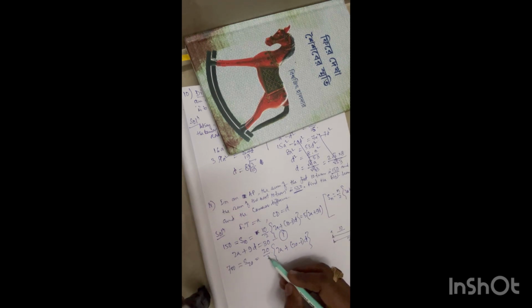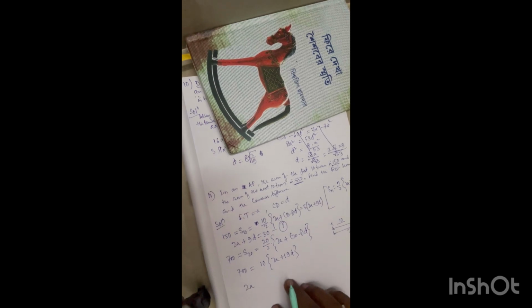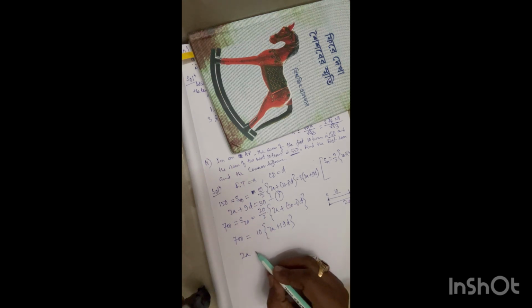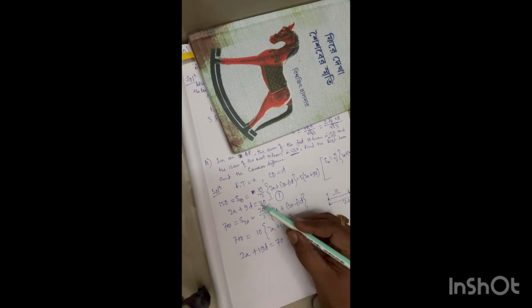700. Now this gives some room to simplify. 2A plus 19D. If I simplify it, 2A plus 19D is equal to 70. So this will be your second equation. Now you have two equations in terms of A and D, both unknown.